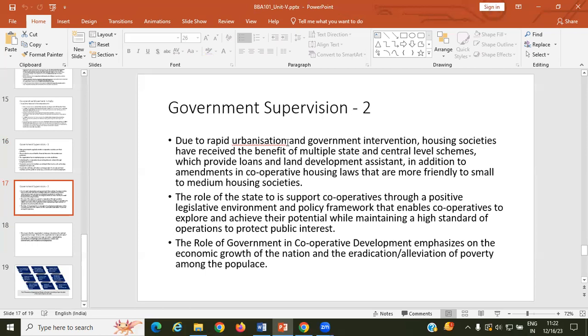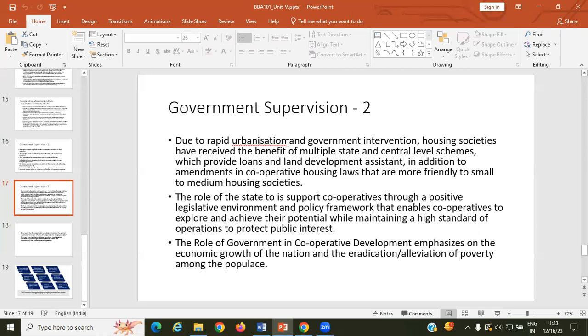And housing laws, there are different construction laws, and government is implementing them. That is one area where government is intervening in cooperative society.